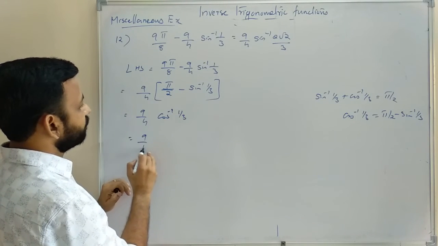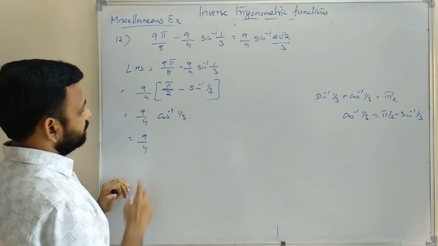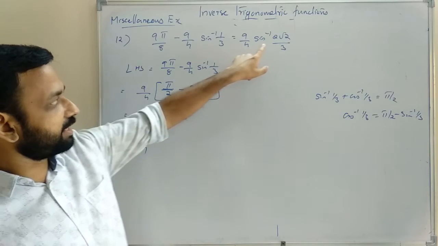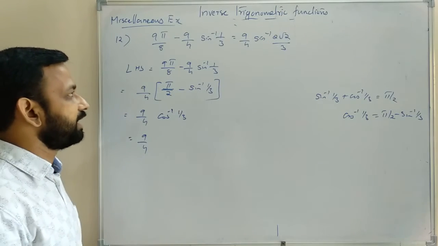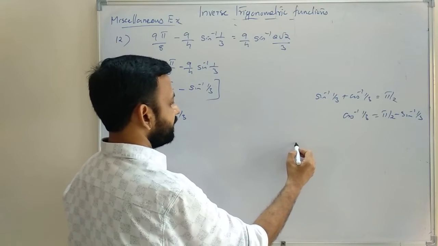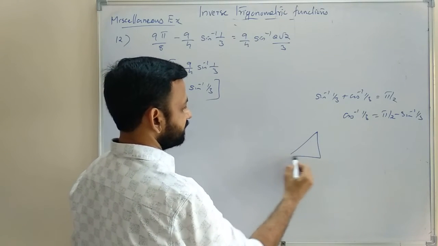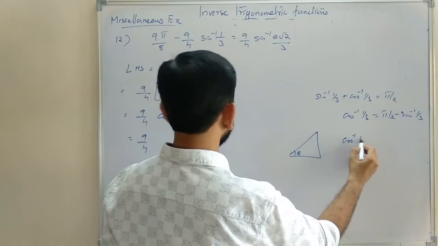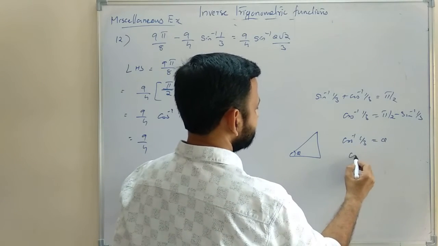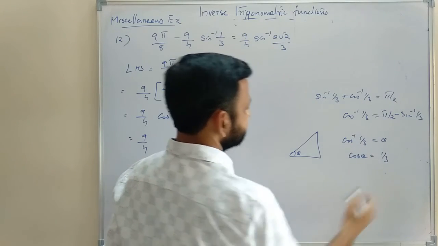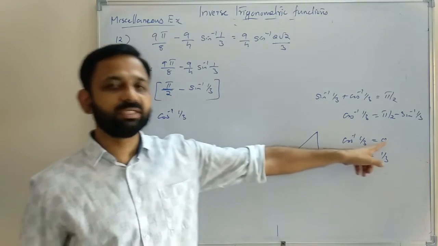Now we got 9 by 4 same. Here it is cos inverse 1 by 3, there it is sin inverse 2 root 2 by 3. So just draw one right triangle, and this angle theta. We can take cos inverse 1 by 3 equal to theta.